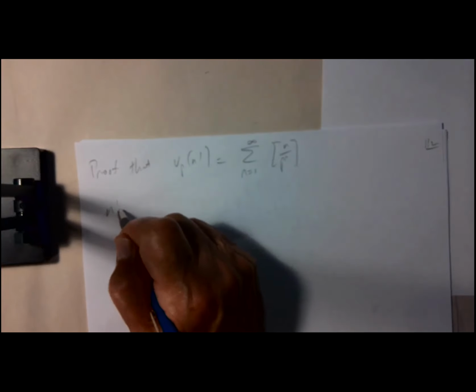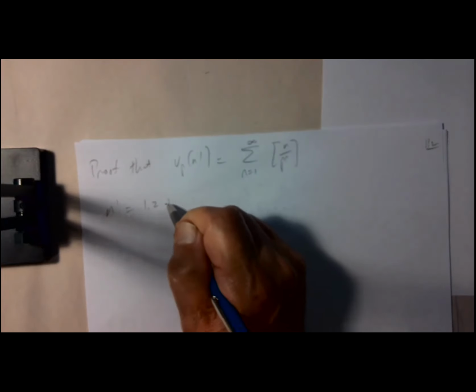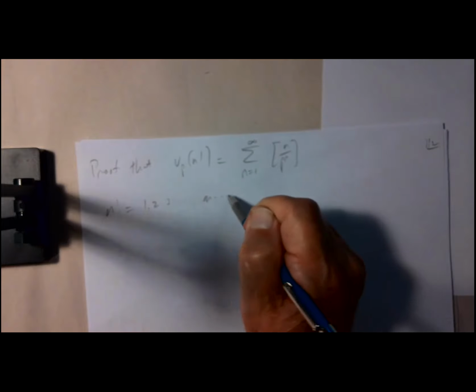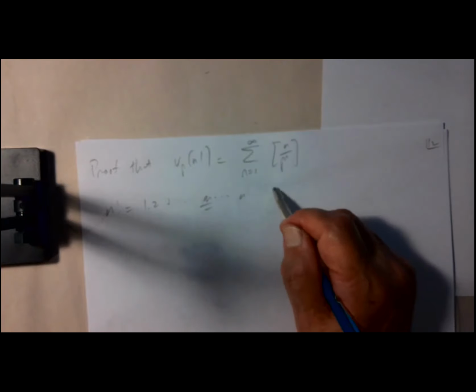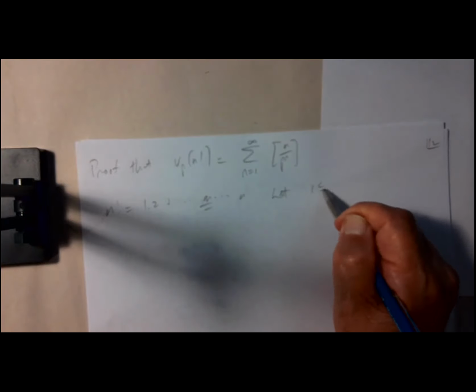So remember, n factorial is 1 times 2 times 3 all the way up to n. It's the product of all the numbers from 1 to n. So let's say one of them is m.